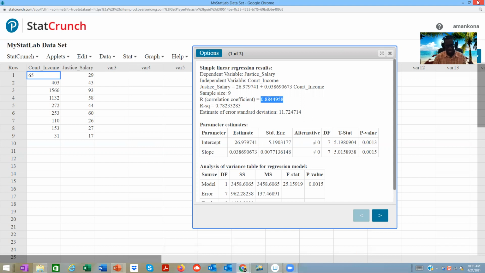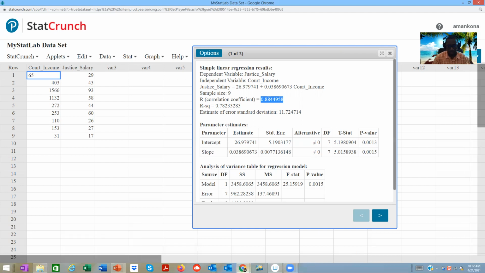We also need the equation: the y-intercept is 26.979, and the slope is 0.0387. Let's see what the question asks.